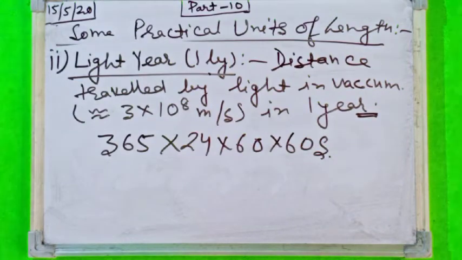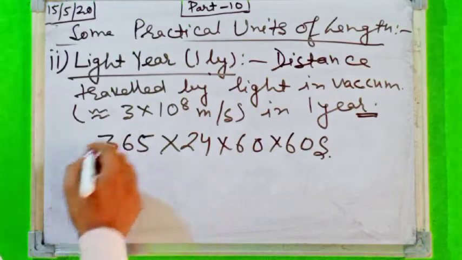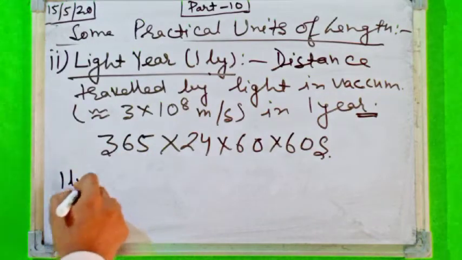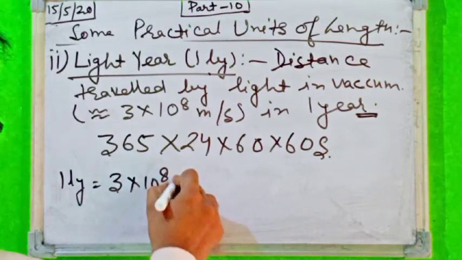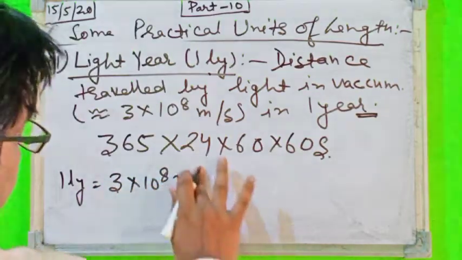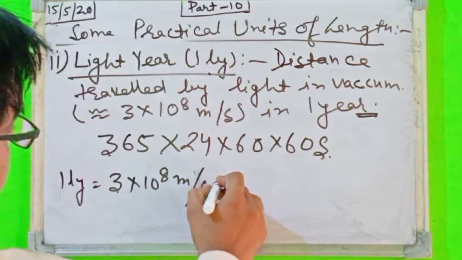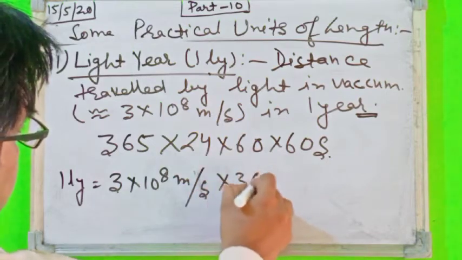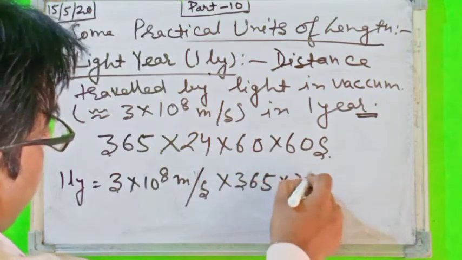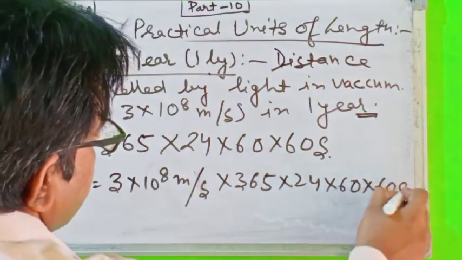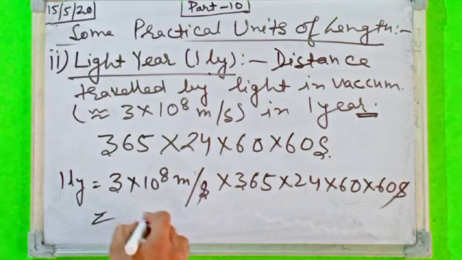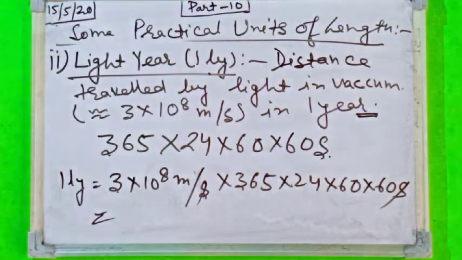So 1 light year is equal to 3 into 10 to the power 8 meter per second into 365 into 24 into 60 into 60 seconds. Cancel it out and calculate the value.